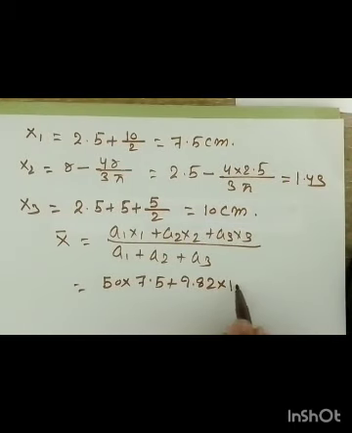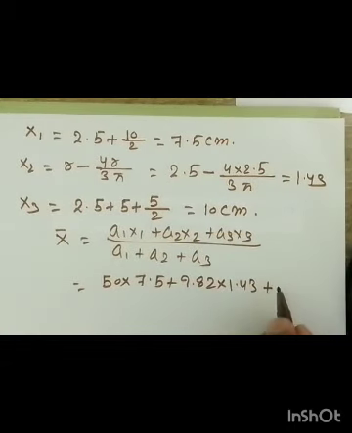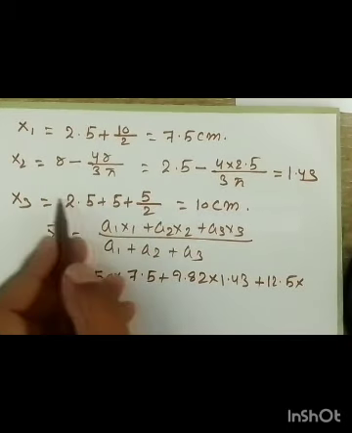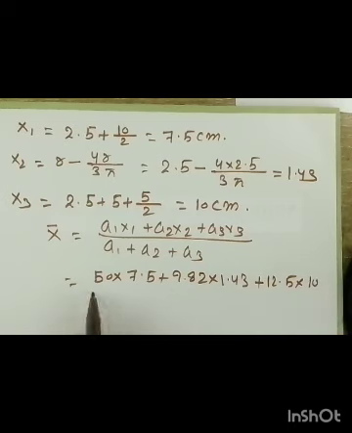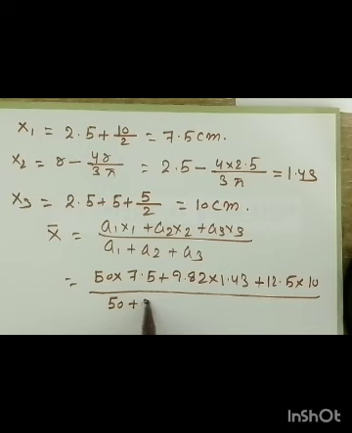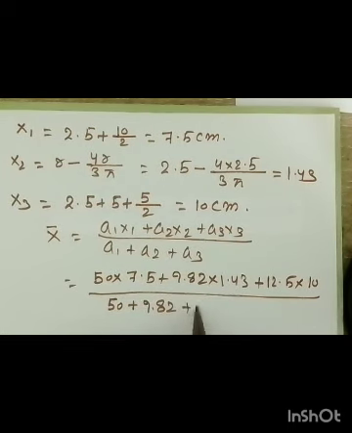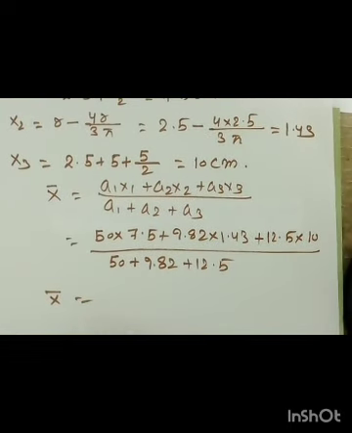So 9.82 into 1.43 plus a3 x3, a3 is 12.5 into x3 is 10, upon a1 is 50 plus A2 is 9.82 plus 12.5. So x bar, after calculation, you may get the value.